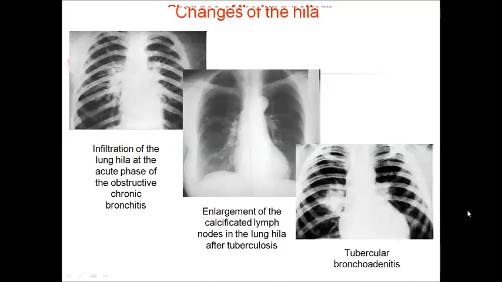Changes of the hilum: different pathologies may lead to very similar changes of hilar images on plain X-ray: infiltration, enlargement, and calcification in areas of previous tuberculosis, enlargement of hilar lymph nodes as a result of tubercular lymphadenitis.